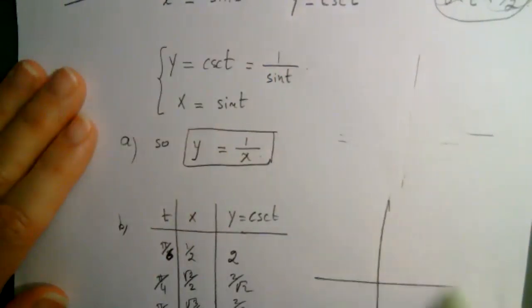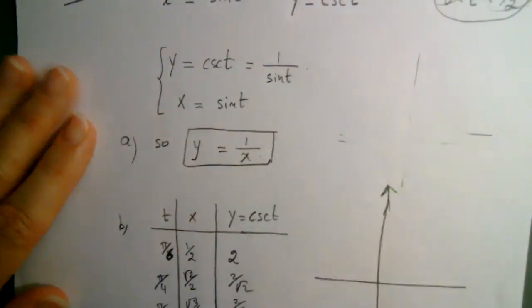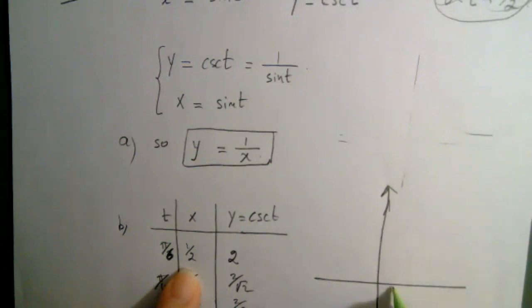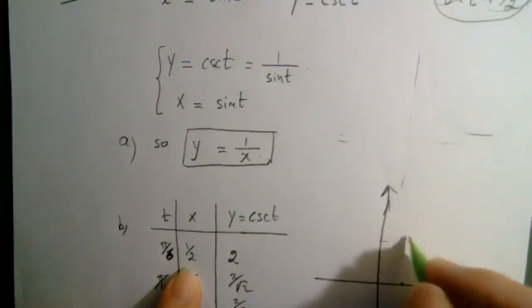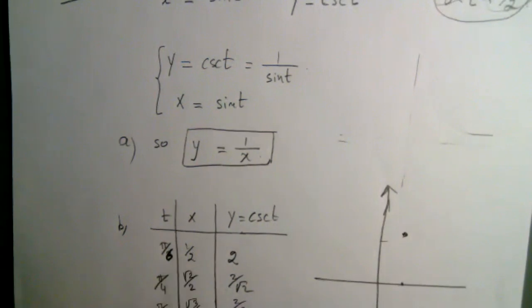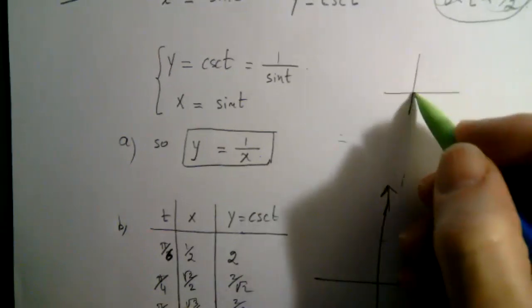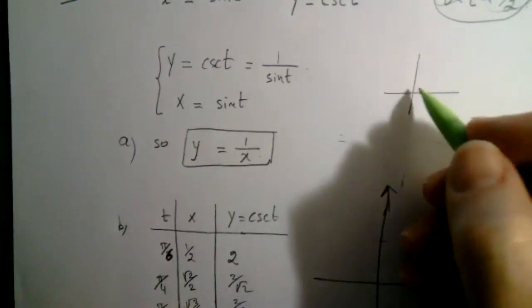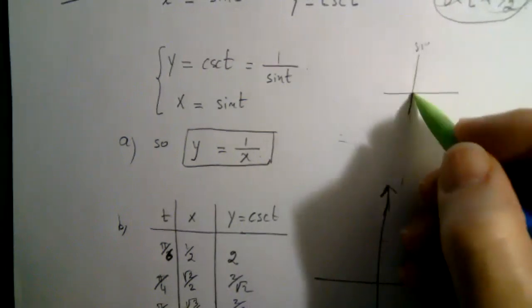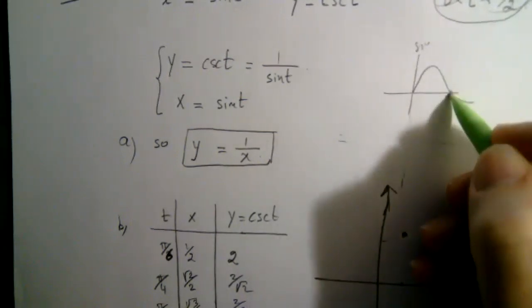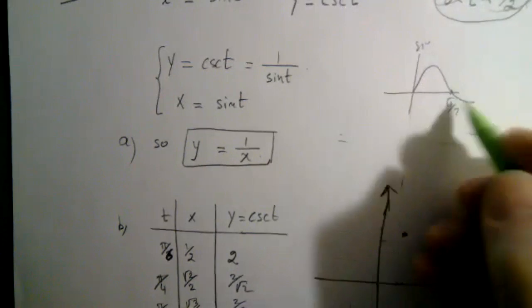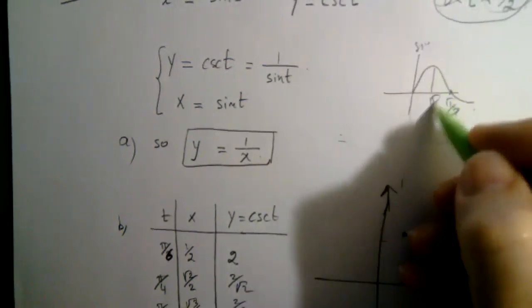Let us redraw the graph here. For t equal pi over 6, I am at a half and a 2, so I am right there. For t equal pi over 4, I have an idea of the graph of sine. The graph of sine goes like that, and this is pi over 2.